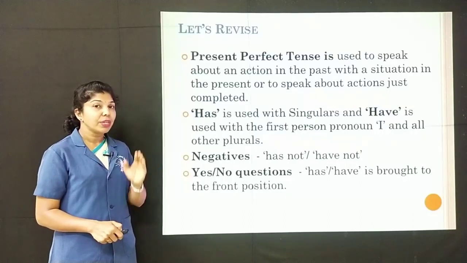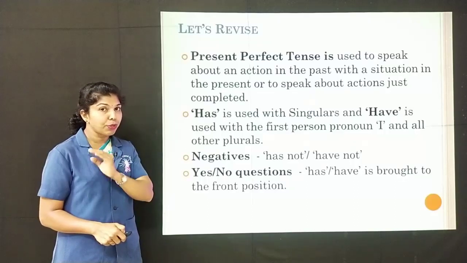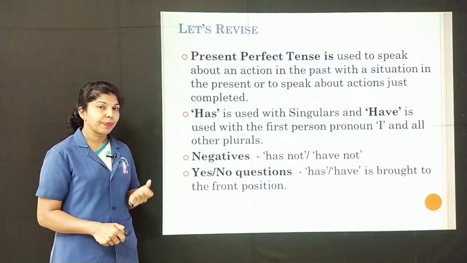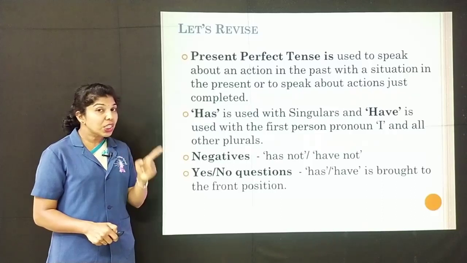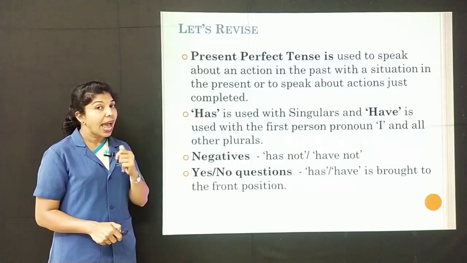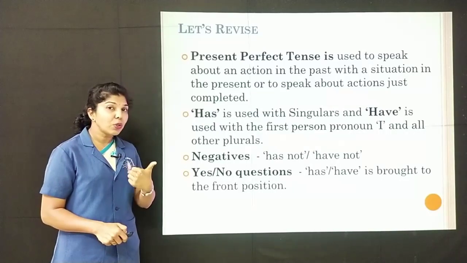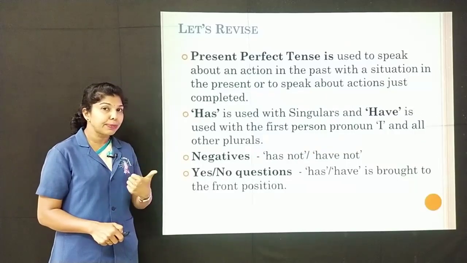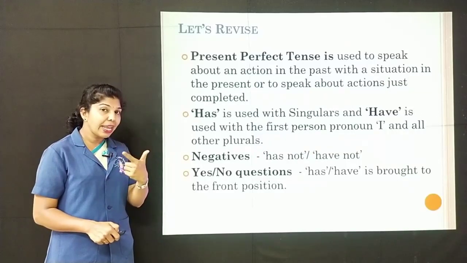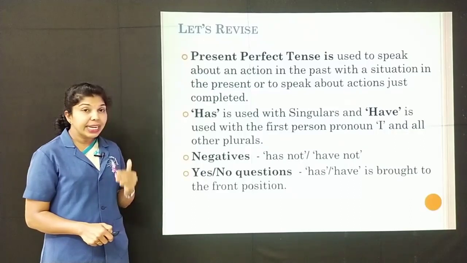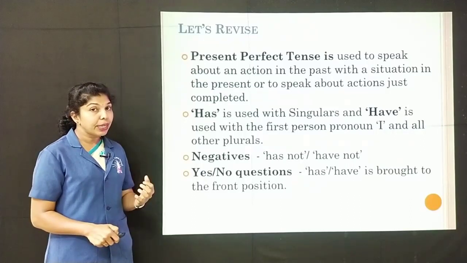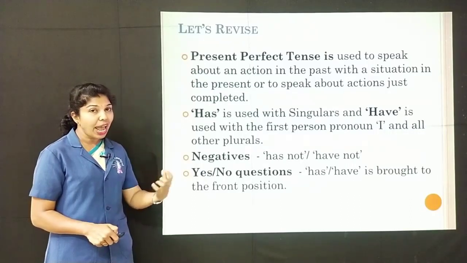Has or have with the past participle form of the verb is used in the structure, and has is used with singular nouns or pronouns. Have is used with plural nouns or pronouns, that is with plural subjects and also with I and you. And negatives are framed by bringing has not or have not.